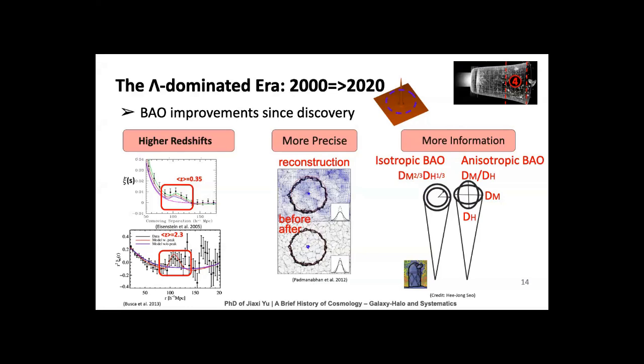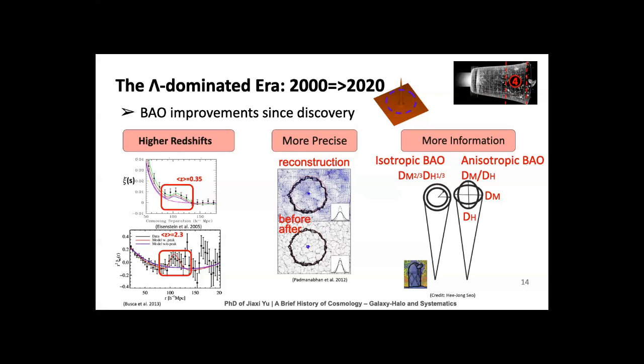So this measurement done with the Sloan data was able to measure the BAO peak. That's the galaxy correlation function, and at about 100 megaparsec, you see this blip, which is the BAO peak.